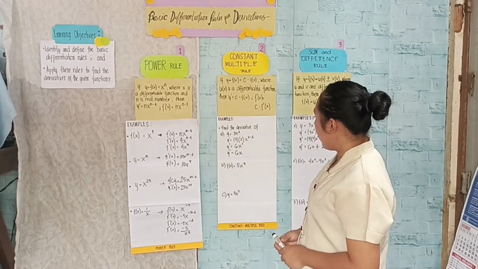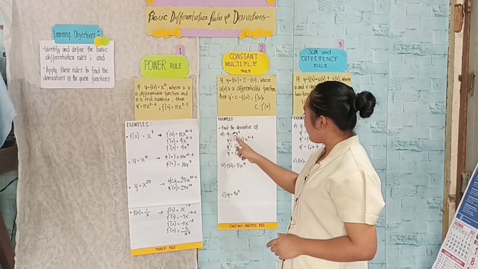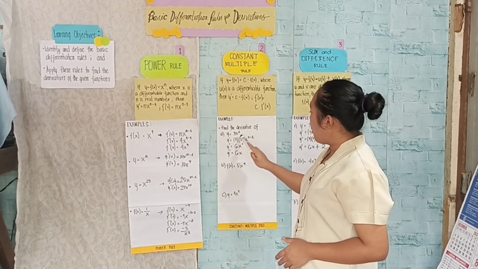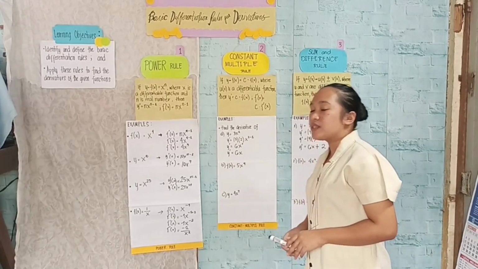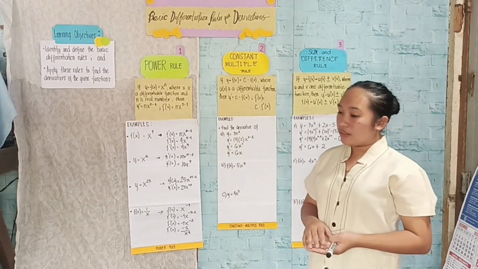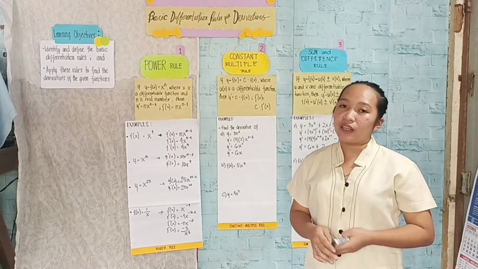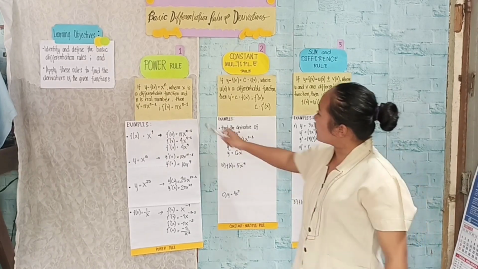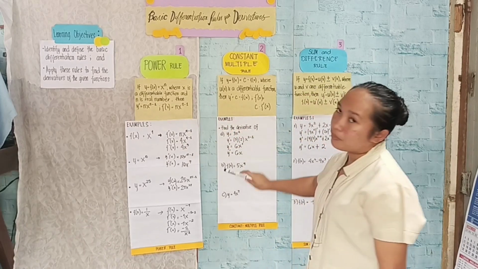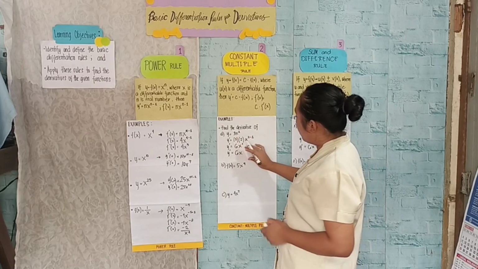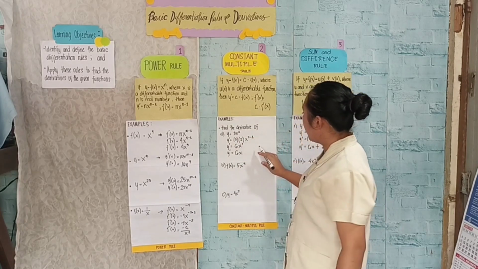In our first example, our numerical coefficient is 3 and our exponent is 2. Next is to subtract 1 from the exponent of the given function and simplify the resulting derivative, just like in the power rule, where the exponent is subtracted by 1. So let us now clarify the first example.